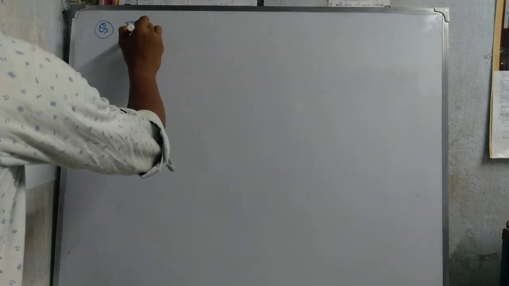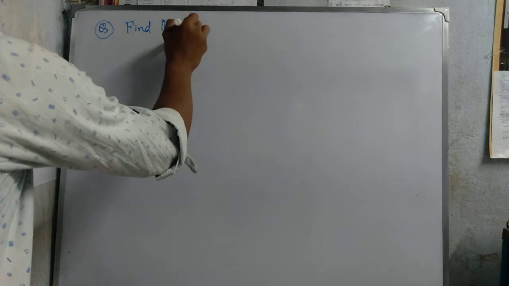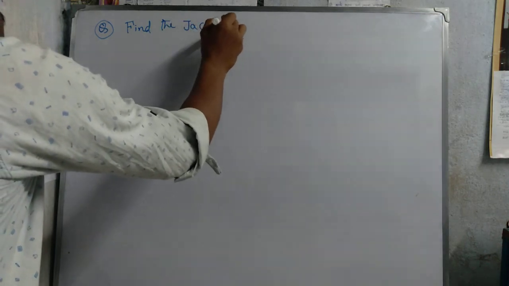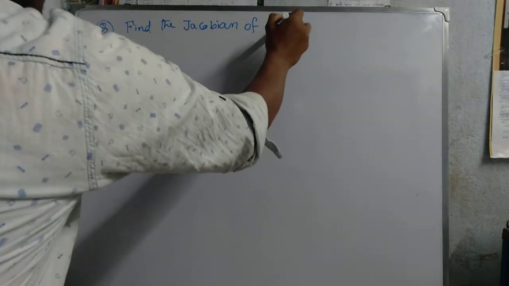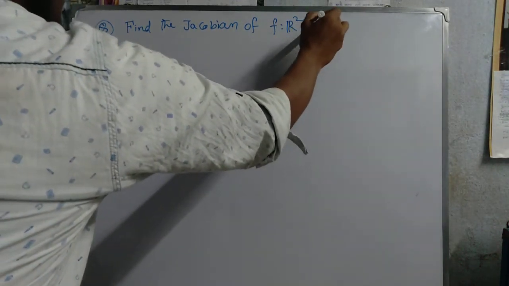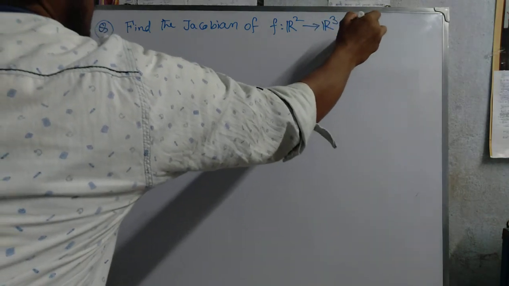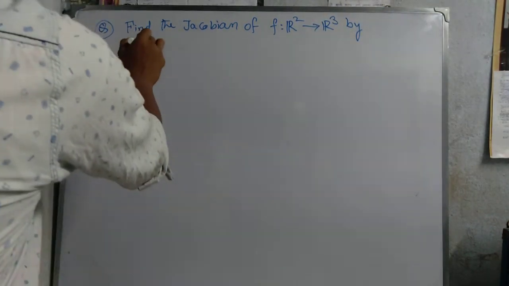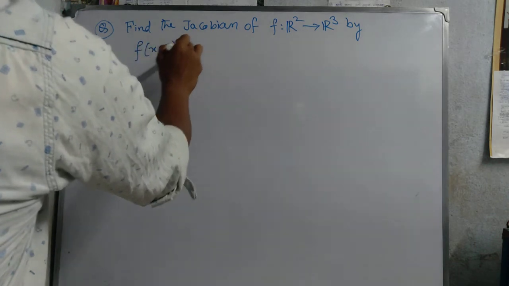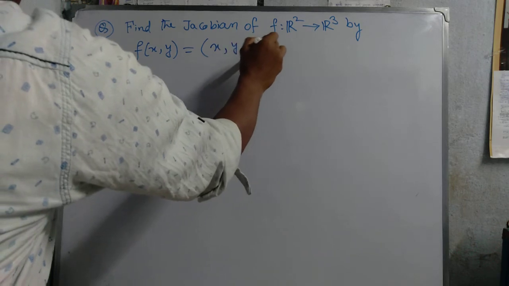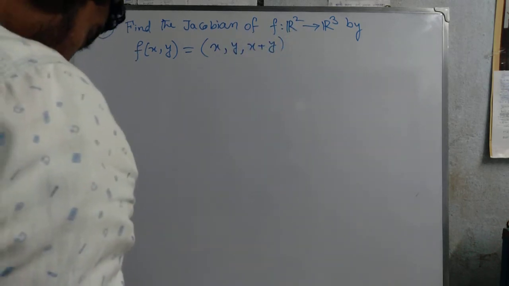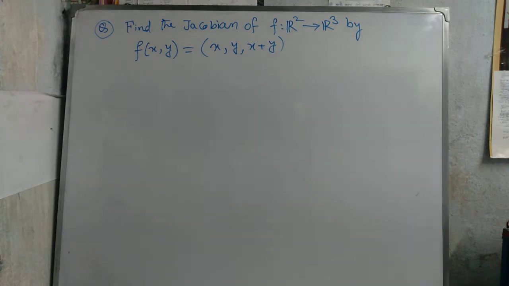Find the Jacobian of the function f from R^2 to R^3 defined by f(x,y) = (xy, x, x + y) at point (a,b).